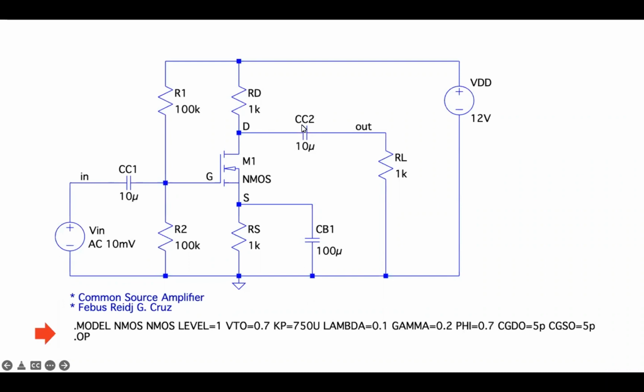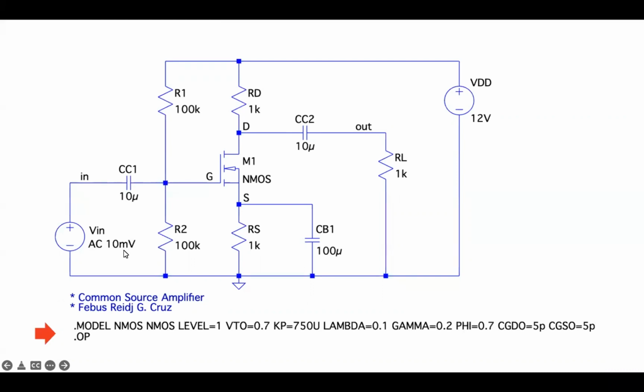Output coupling capacitor CC2, 10 microfarad. And a bypass capacitor CB1, 100 microfarad. Then the load RL has 1 kilo ohms. Then the input voltage, it says here that it has an AC amplitude of 10 millivolts.